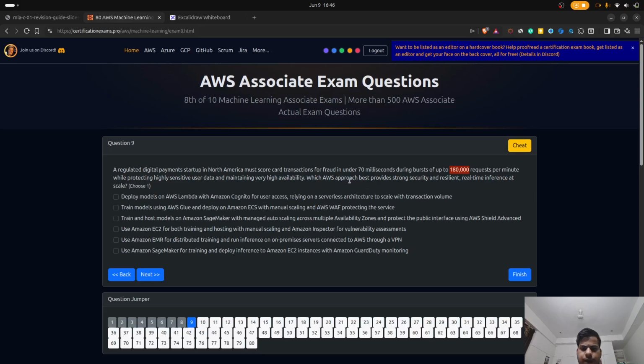Which AWS approach best provides strong security and resilient, real-time inference at scale? Hmm.